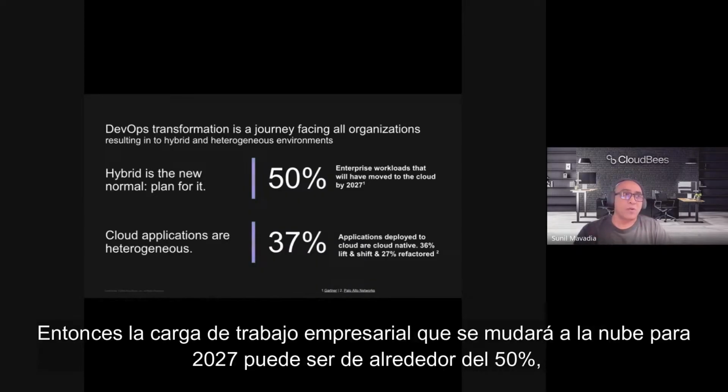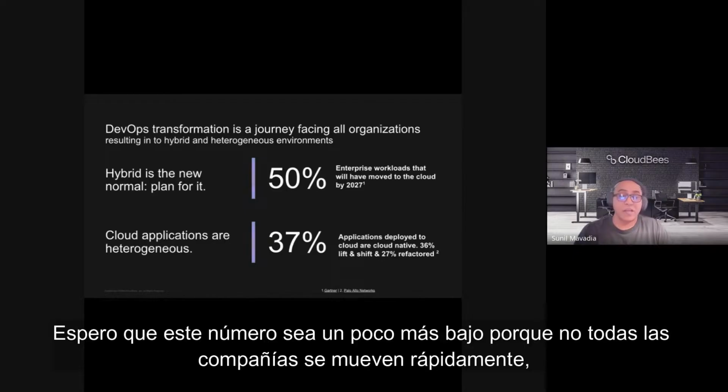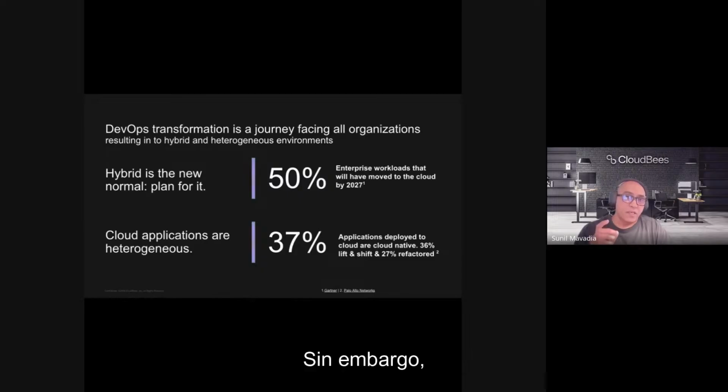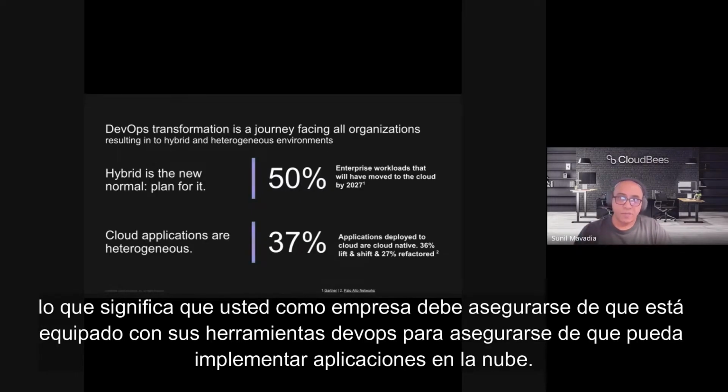So enterprise workloads that will have moved to the cloud by 2027 will probably be right around 50%. And that's being conservative. I expect that number to be slightly lower because not every company is moving fast, right? However, the critical information here is that only 37% of applications that we know of would have potentially moved to the cloud, which means that you as a company should make sure that you're tooled up in your DevOps tools to make sure that you're able to deploy applications to the cloud.